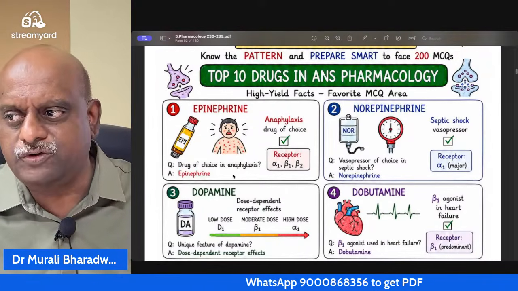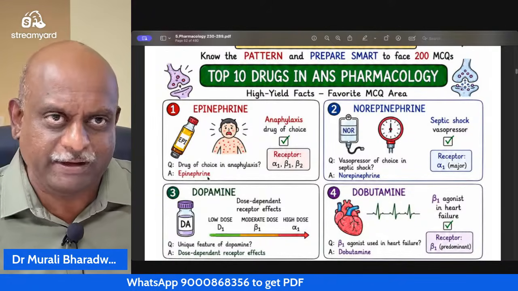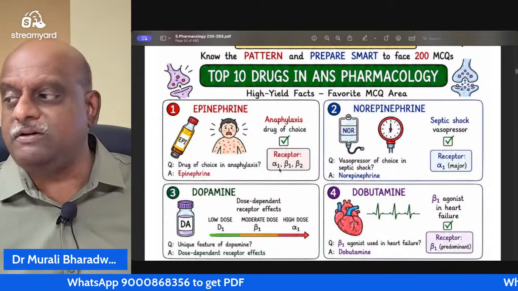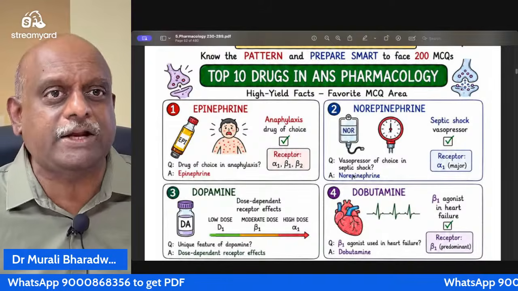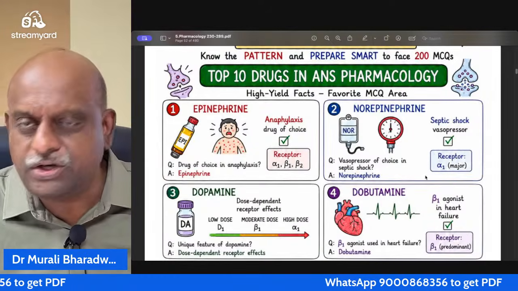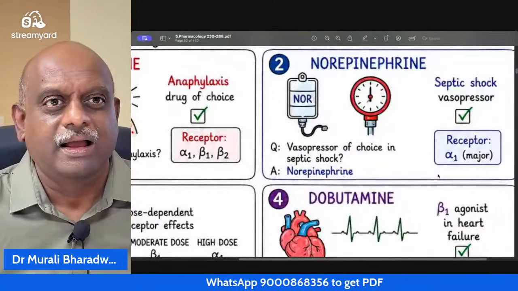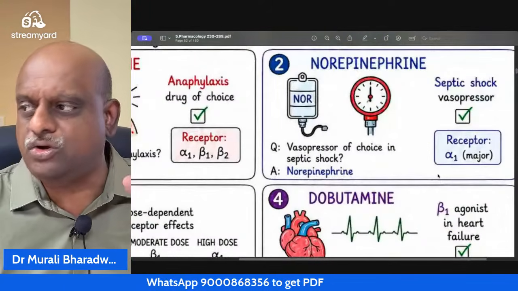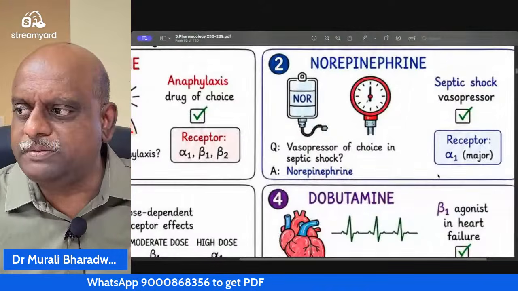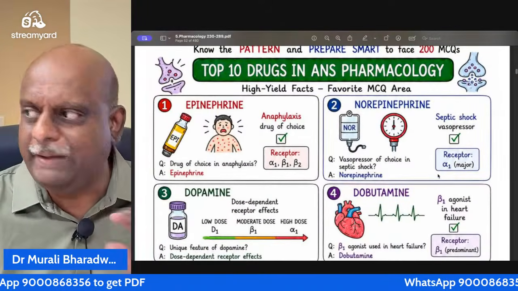And it is the drug of choice in anaphylactic shock, epinephrine. Norepinephrine is the vasopressor of choice in septic shock. Norepinephrine, because major action of it is on the alpha 1 receptor. Alpha 1 stimulation leads to vasoconstriction, which helps in septic shock. Whereas anaphylactic shock, epinephrine.